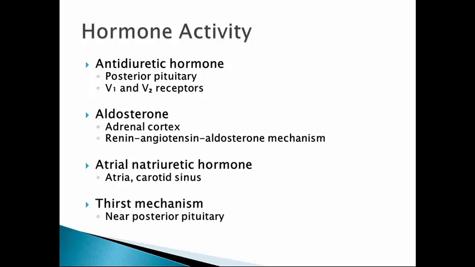So when we think then about hormone activity, when we think about antidiuretic hormone, antidiuresis, the idea there is when we stimulate that, we will decrease the excretion of water by the kidneys. So when we need to hold on to water, it would be because our plasma is very concentrated.